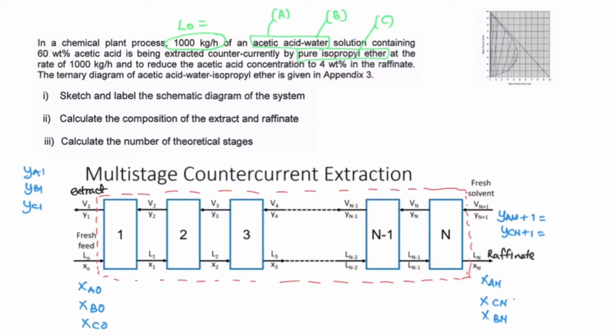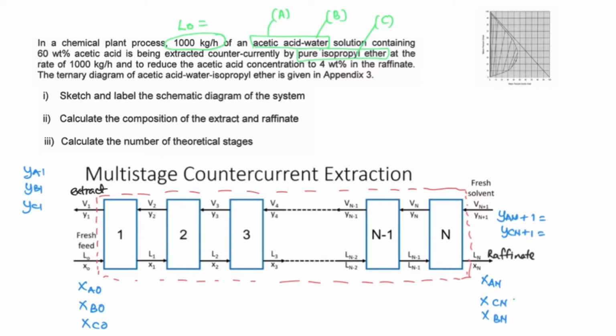It is also mentioned that the solution consists of 60 weight % of acetic acid being extracted by pure isopropyl ether. So the composition of A in the solution is 60%.